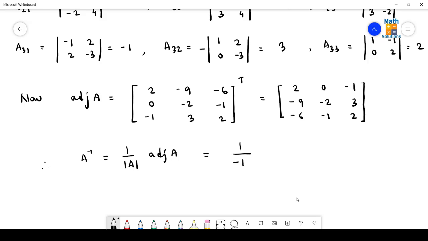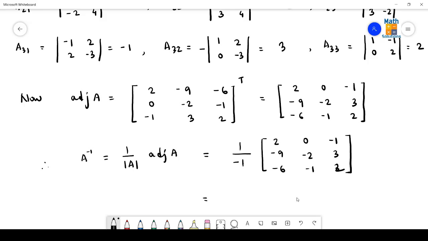Actually the determinant value we already derived as minus 1, so I can put it like this: 2, 0, minus 1, minus 9, minus 2, 3, then minus 6, minus 1, 2 here. So this can be the answer.